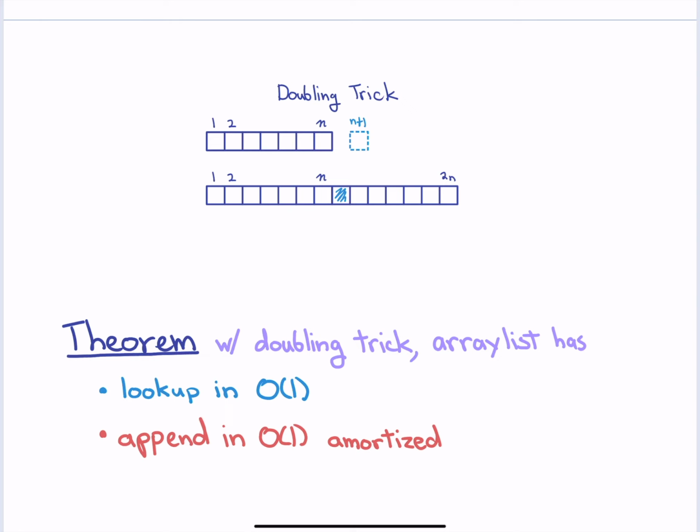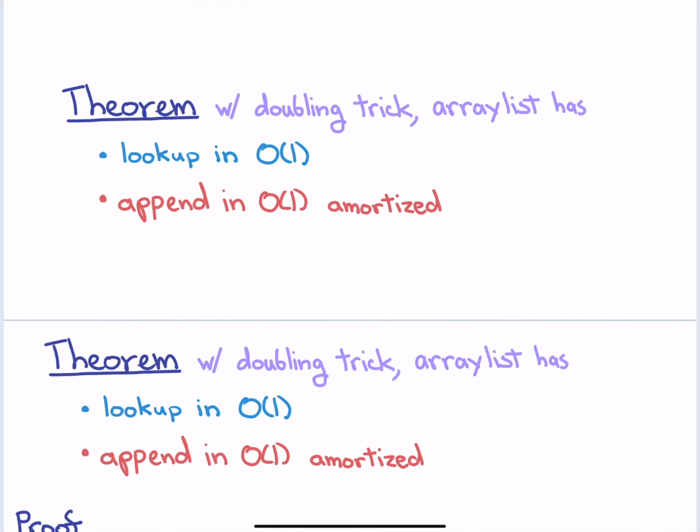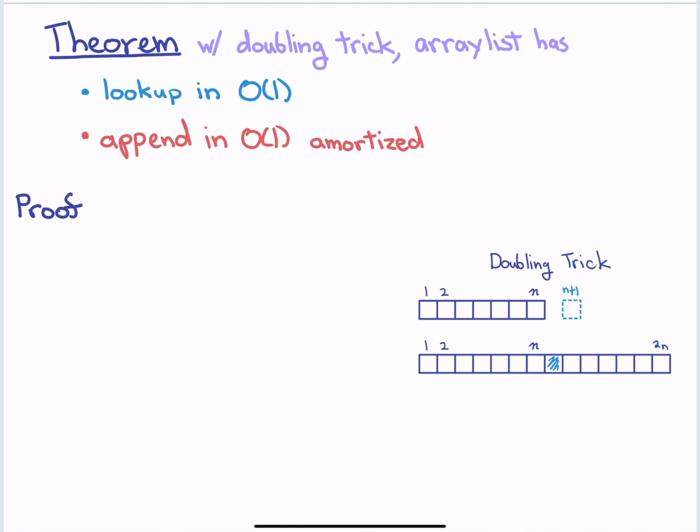All right, credit scheme. How might I come up with a credit scheme for this? Okay, so let's say each append will save 1 extra credit.